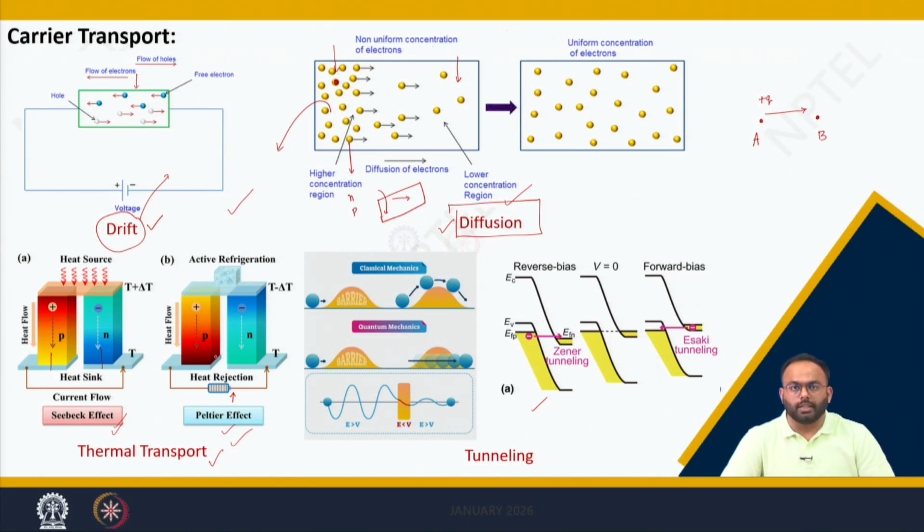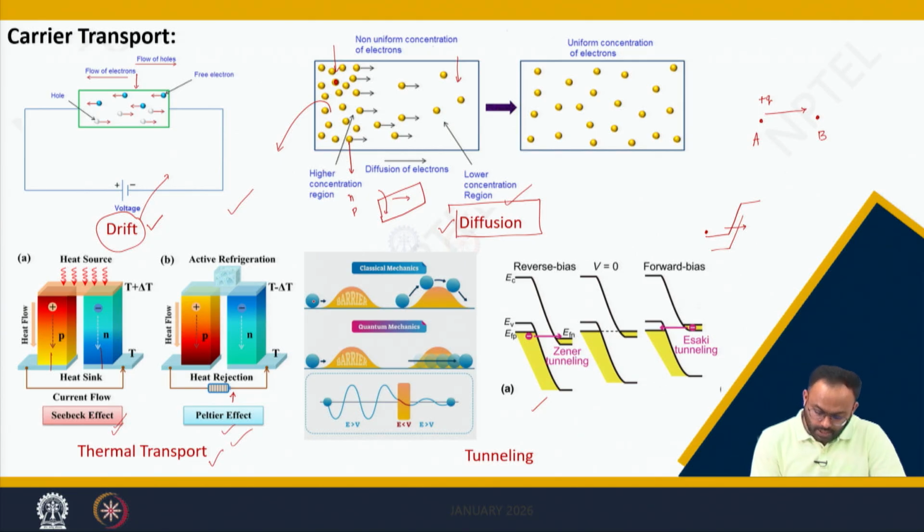The other is tunneling. This is a quantum phenomenon which says that if a charged particle does not have enough energy to surpass the potential barrier, then there is a possibility that the charge carrier will tunnel through this potential barrier. This is purely a quantum phenomenon, and it violates classical theory.